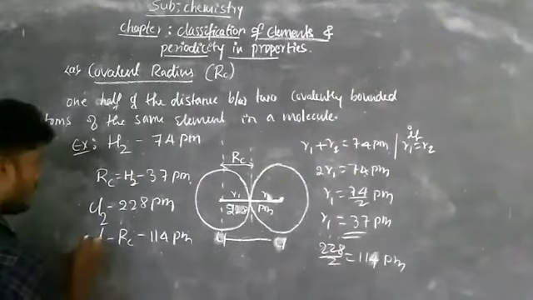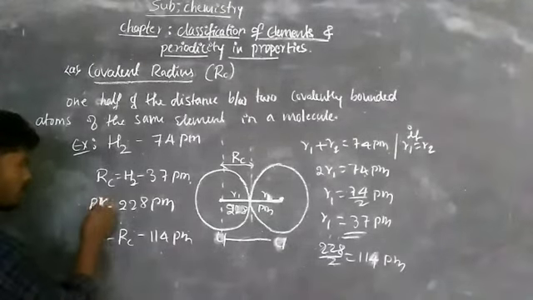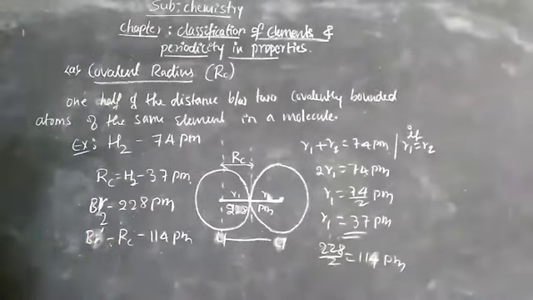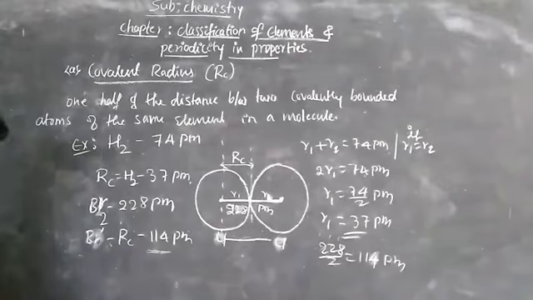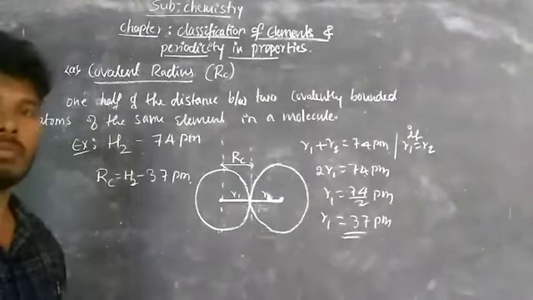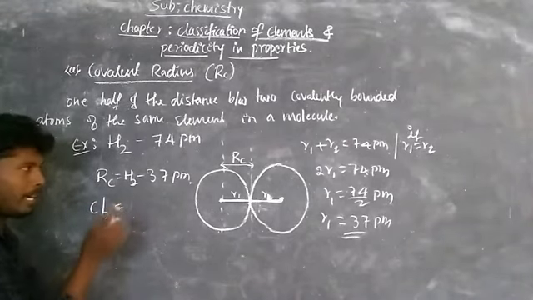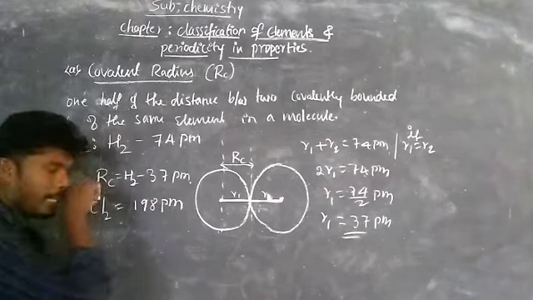So this is not chlorine, this is the bromine molecule. Bromine is 228, its covalent radius is 114. Similarly, let's take chlorine. The chlorine molecule's atomic radius is 198 picometer.